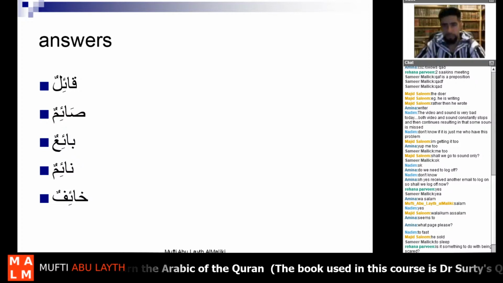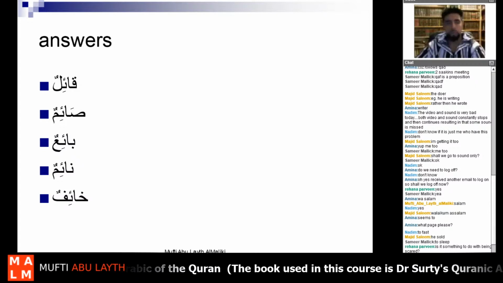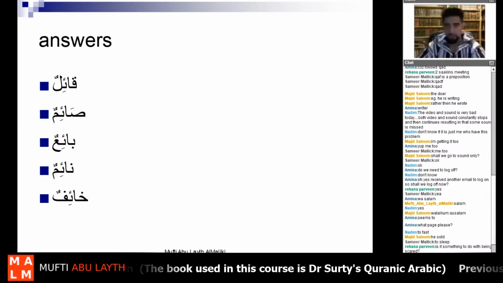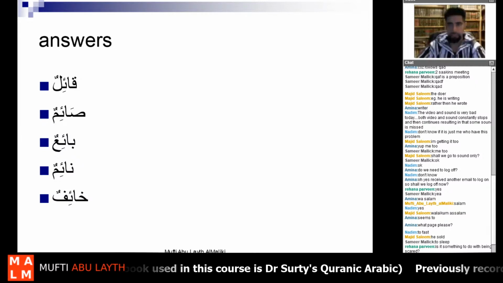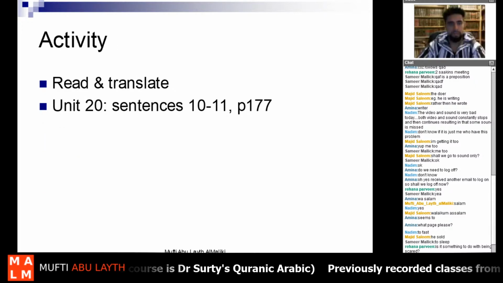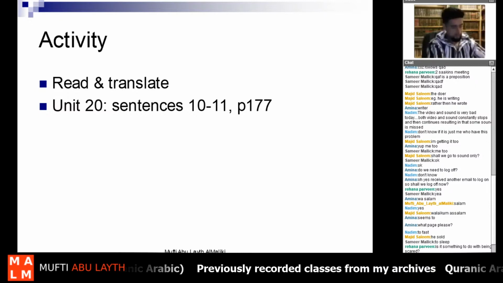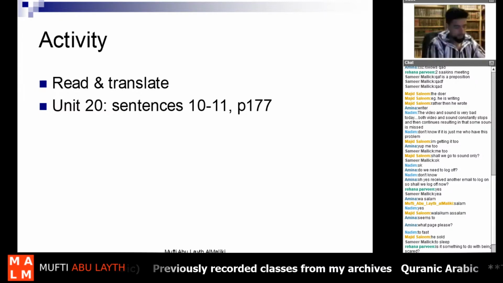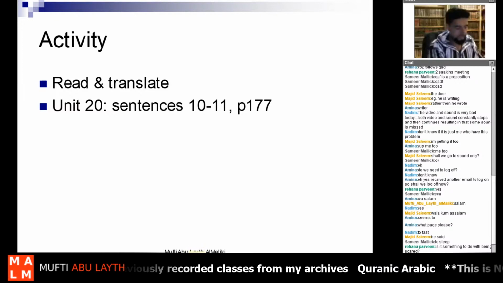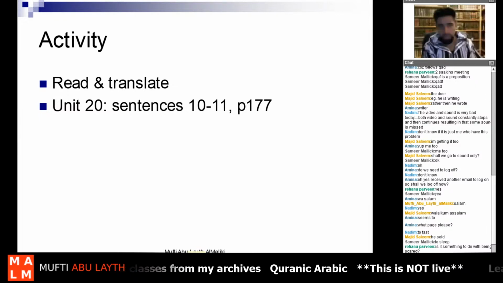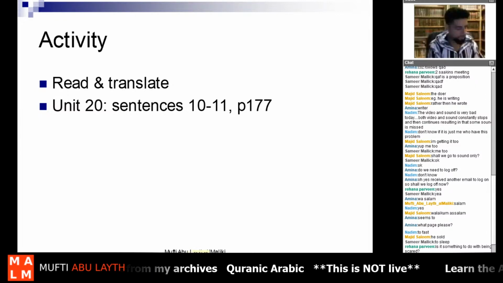So these are obviously describing males, men or boys. So you could say, Huwa sa'imun, he is fasting. Huwa qa'ilun, he is saying. Okay, does that make sense? Now take a very quick look at Unit 20, page 177, sentences 10 and 11.